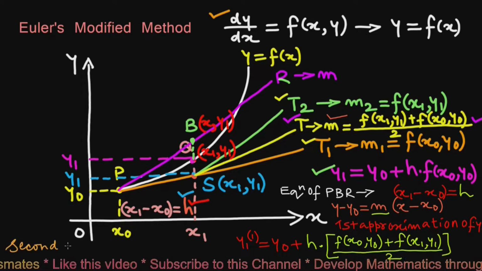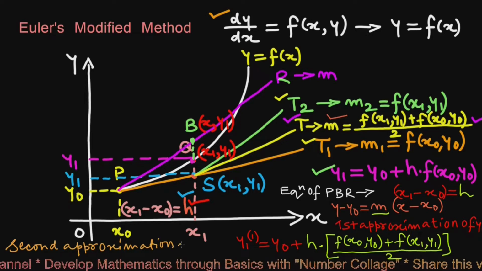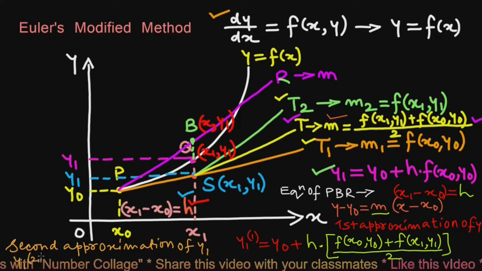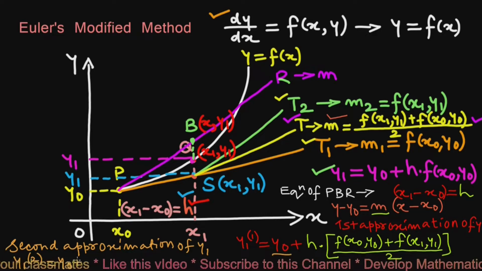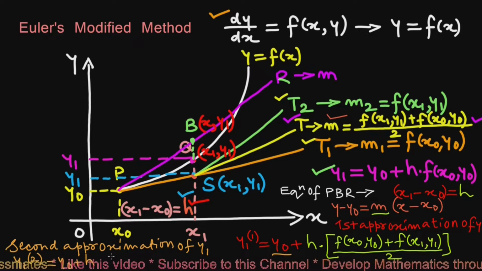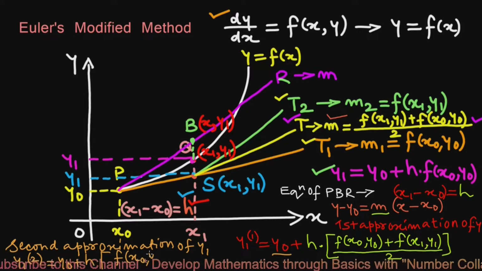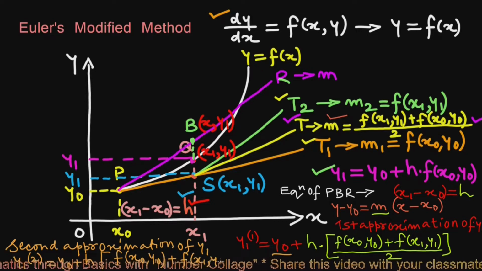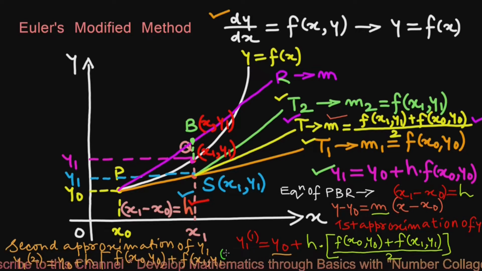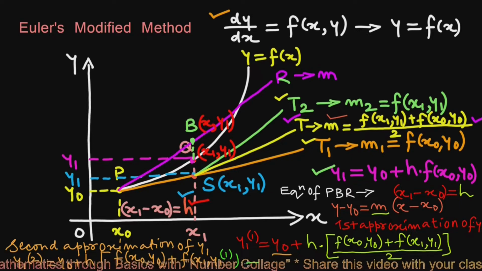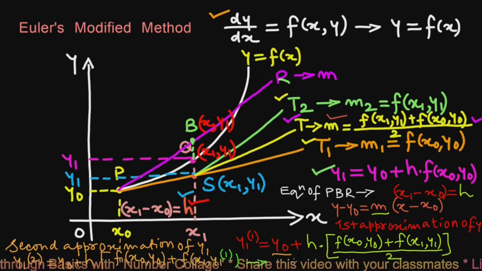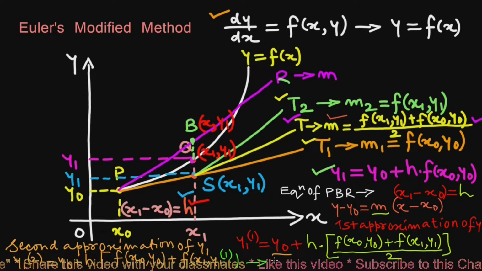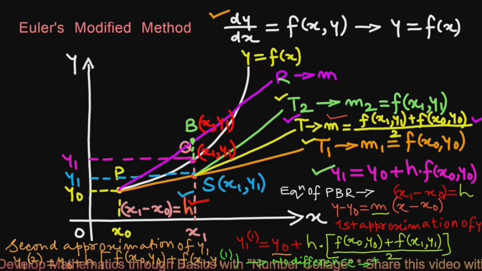For the second approximation of y1, we write y1 superscript 2 equals y0 plus h times f of x0 comma y0 plus f of x1 comma y1, using y1 from the first approximation, so we write 1 here. We will continue this process until there is no difference between two successive approximations.